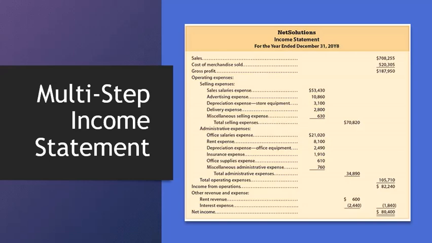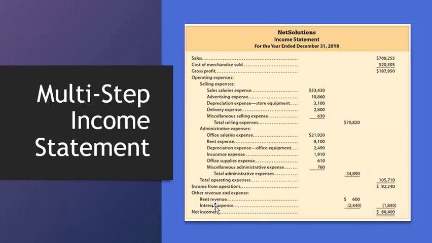Okay, for example, when we're using a multiple step approach, we will take sales minus cost of goods sold to arrive at gross profit. Sometimes this is also called gross margin. Okay. Once we have gross profit or gross margin, we will then deduct all of our operating expenses. This allows us to get a subtotal of income from operations, okay?